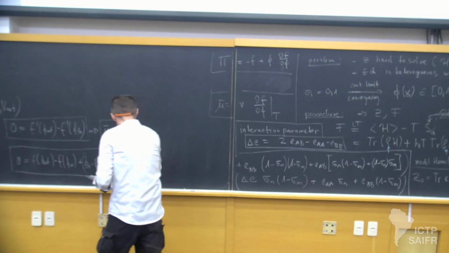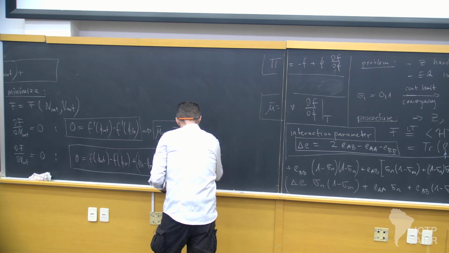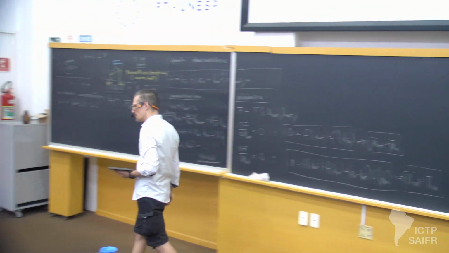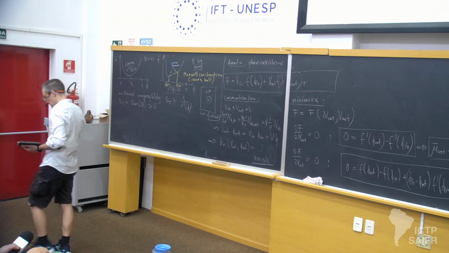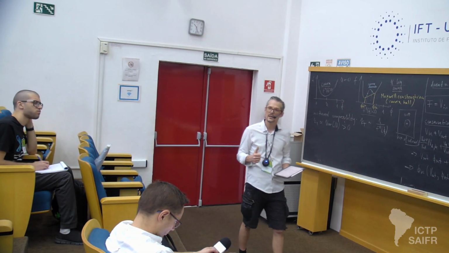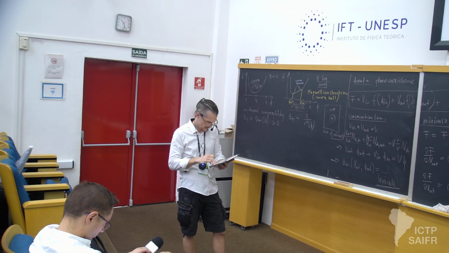We have here pi out is equal to pi in. So two phases are at equilibrium, in the canonical ensemble, when the exchange chemical potential and the osmotic pressure are equal between the two phases. Good.